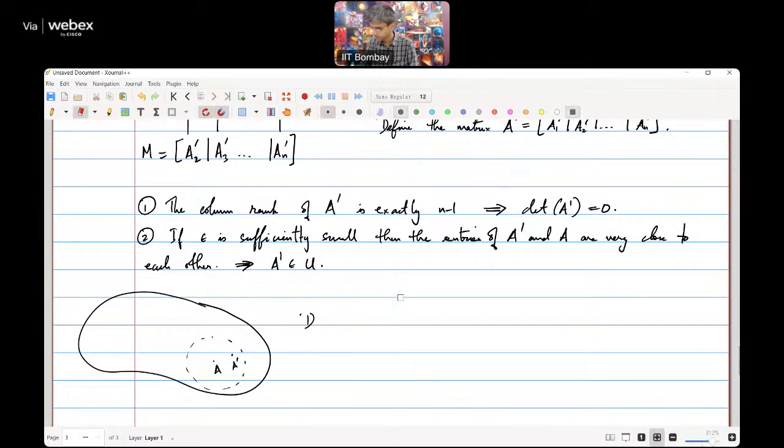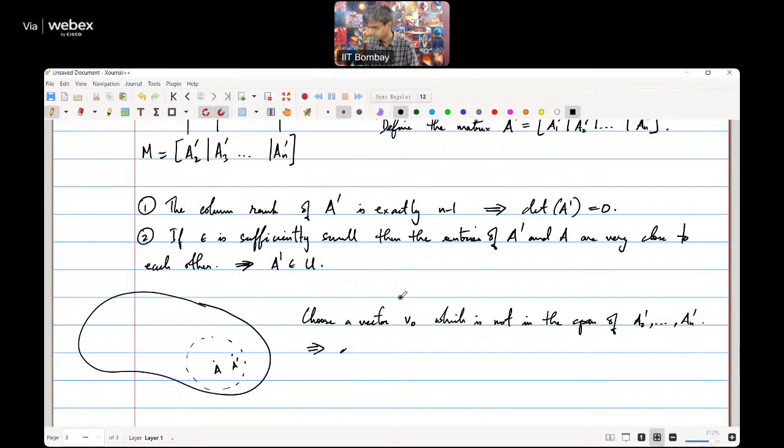So choose a vector V0, which is not in the span of A2 prime to An prime. Okay.